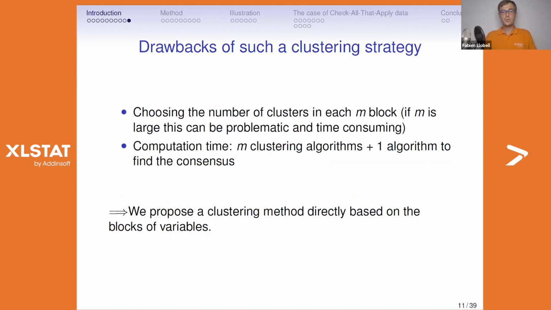And the second is the computation time, since we have one clustering algorithm per block plus one algorithm to find the consensus. So we propose a clustering method directly based on blocks of variables to avoid these drawbacks.